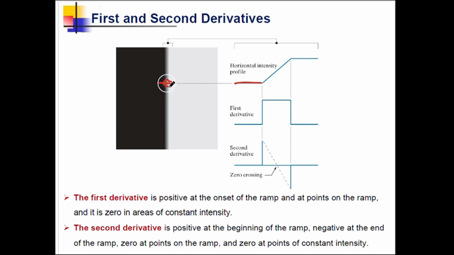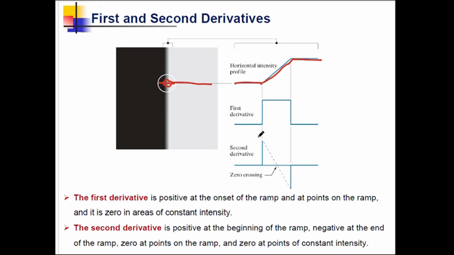The edge is not sharp, it is a ramp. And after the edge, it is bright, so this is the highest value. So this is the horizontal profile. Now the edge is a ramp edge. In general, 90% of images consist of ramp edges.